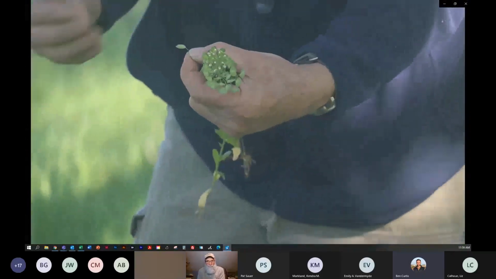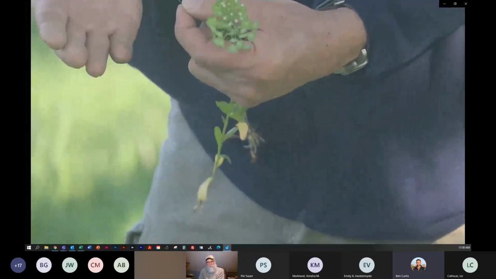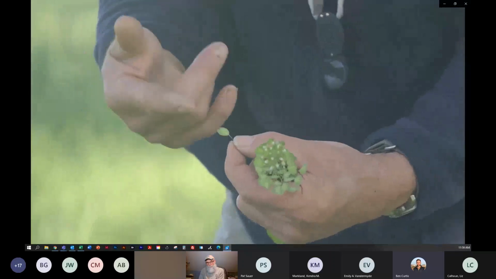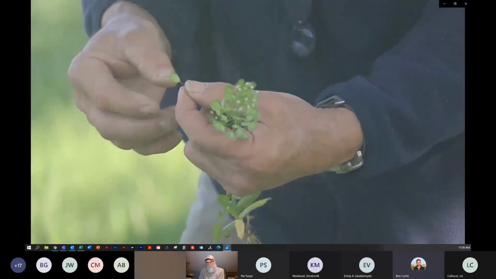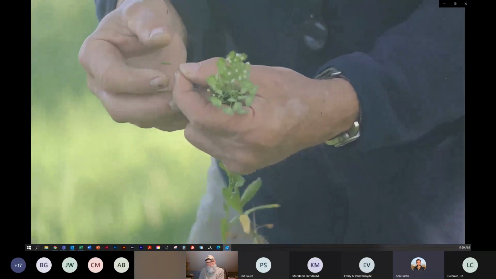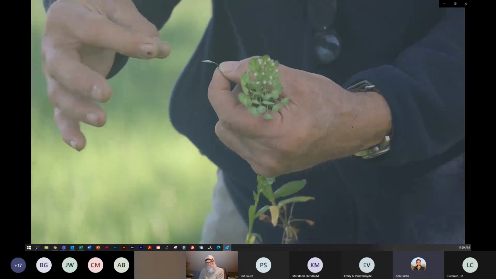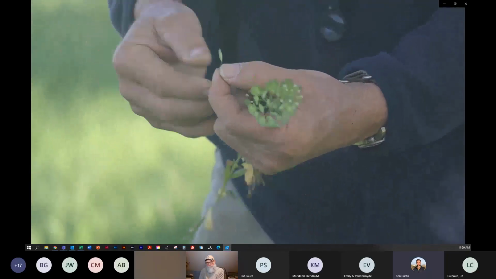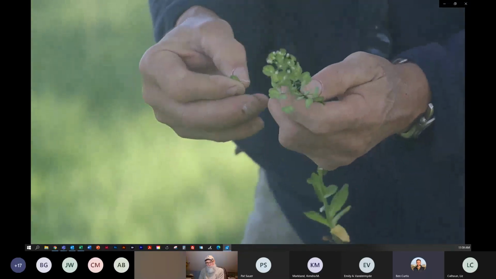In fact, if we take the length to width ratio, if that is 3 or less, in other words, if it's less than 3 times longer than wide, we call that a silicle. If the fruit's much more slender and elongated so that it's more than 3 times longer than wide, we call that a silique. So this is clearly a silicle.